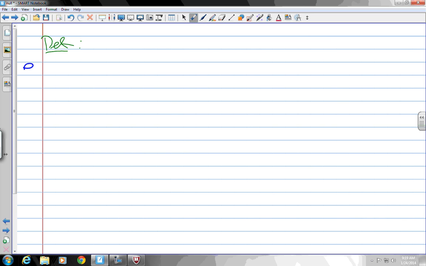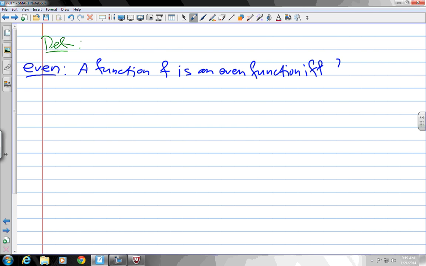So definition of even functions. A function f is an even function if and only if f of negative x equals f of x for all x's in the domain of f.